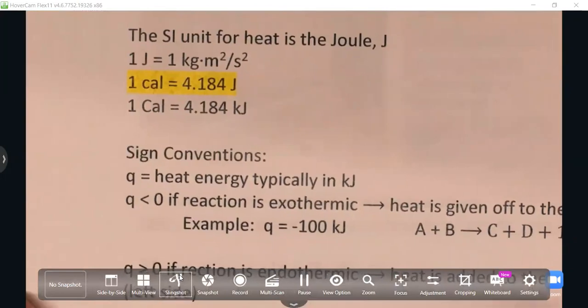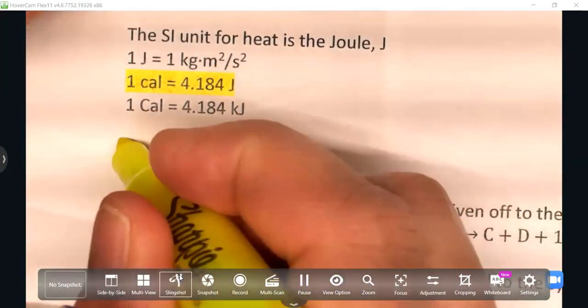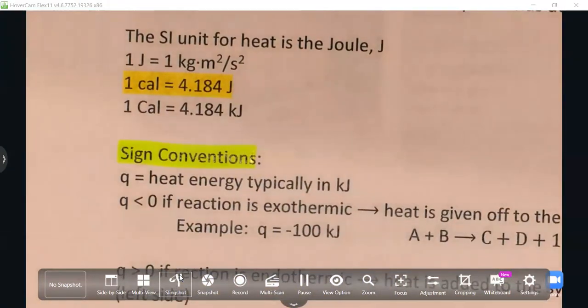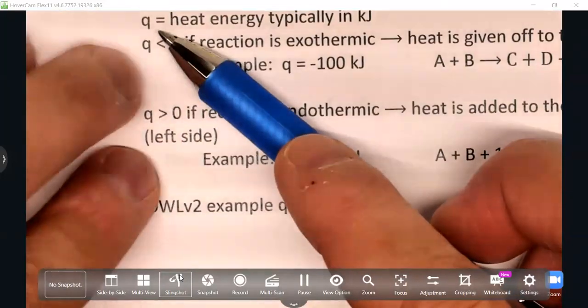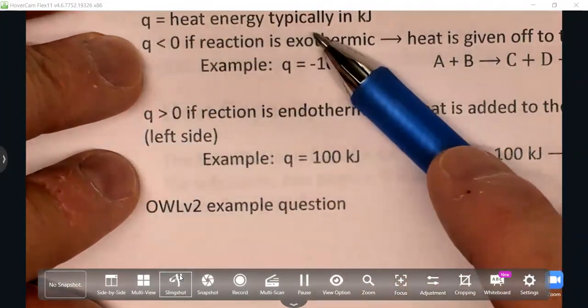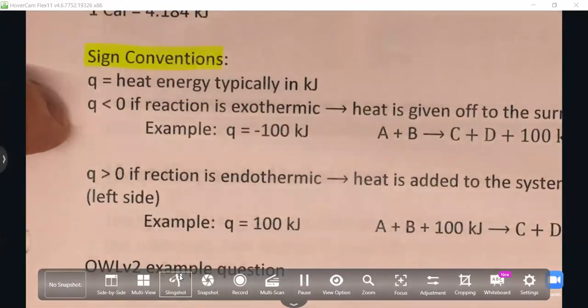Sign convention. The amount of heat energy is Q. Heat energy is typically in kilojoules, or it can be in calories.